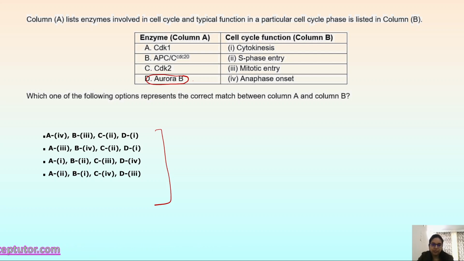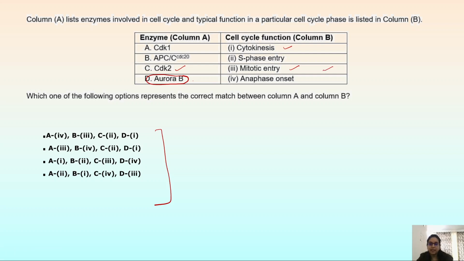So for Aurora B, the mitotic entry is there and the cytokinesis is there. Two options are there. So let's move to another enzyme, that is CDK2. The CDK2 is a cyclin dependent kinase, and the cell cycle stage where it works is the mitotic entry. Again, two options clash.